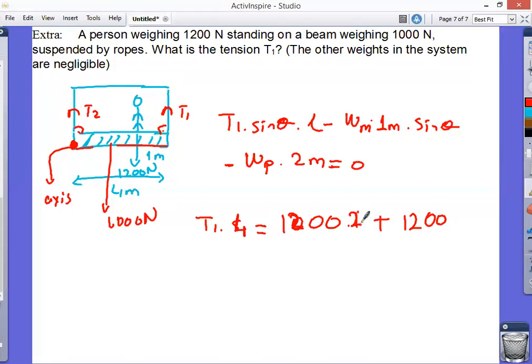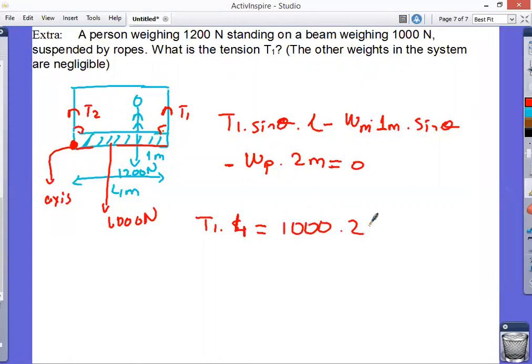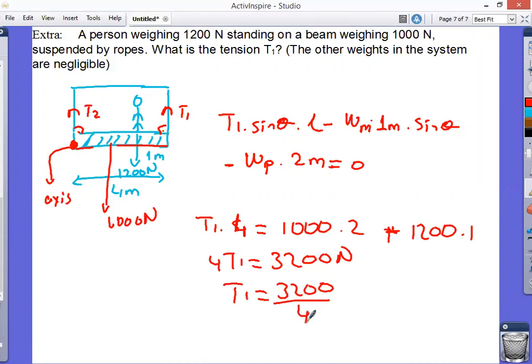Oh, sorry, this is 1,000 times 2 meters. Plus is going to be on the other side of the equation. 1,200 times 1. So it's going to be 4 T1 equal to 2,000 plus 1,200, which is 3,200 Newton. So we find T1 as 3,200 over 4. That is going to be 800 Newton for T1.